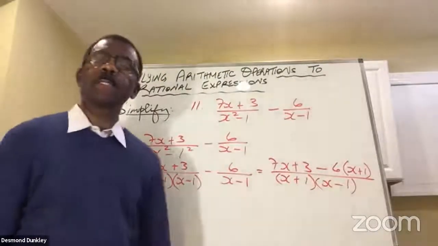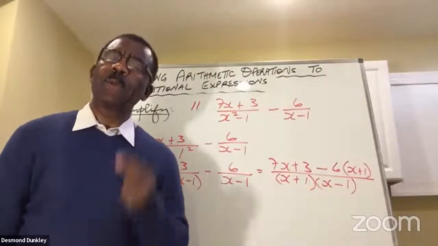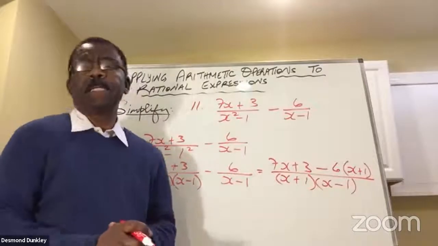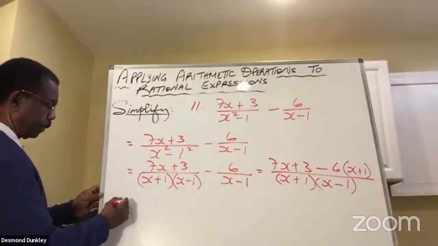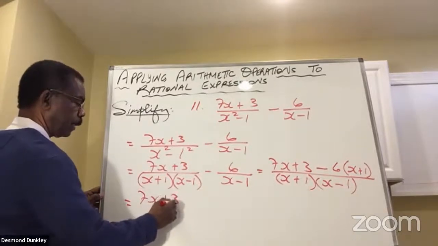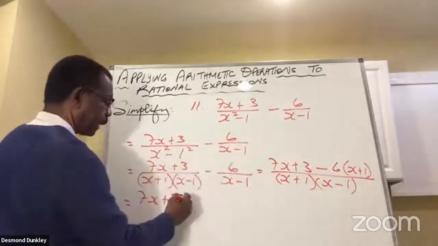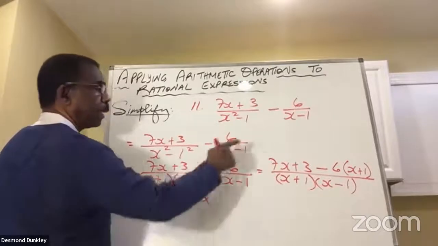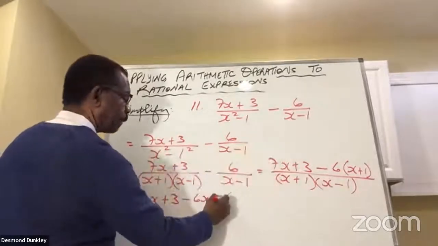So now we're in a position where we simplify the top and see what happens. So it's 7x plus 3, negative 6 times x, negative 6x. Negative 6 times 1, negative 6.